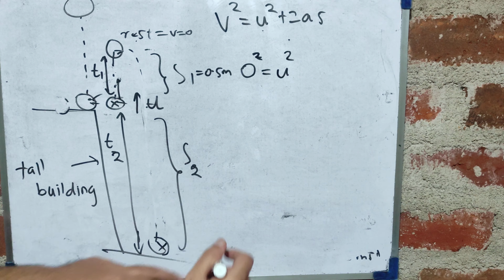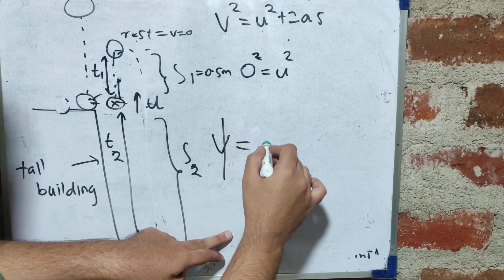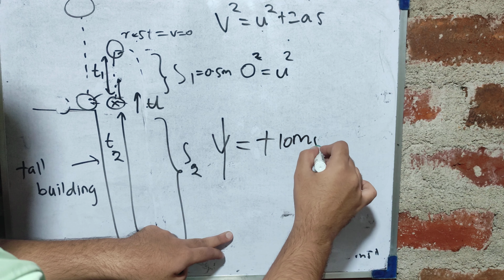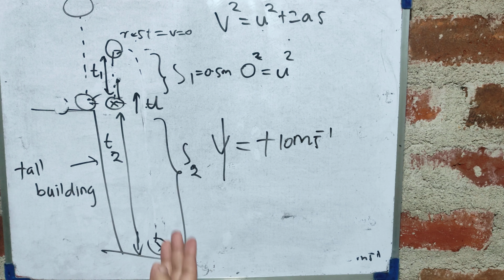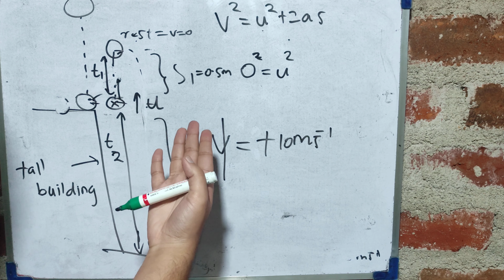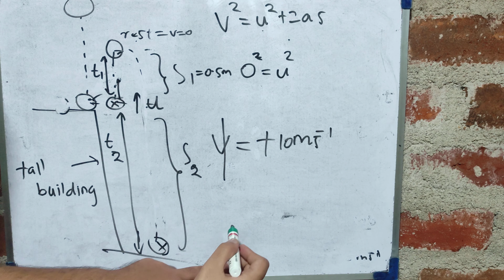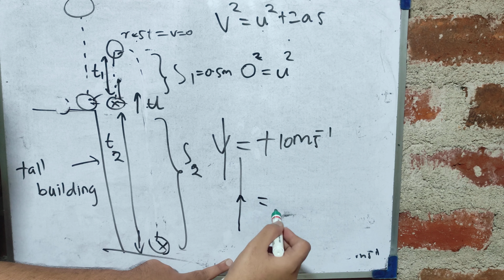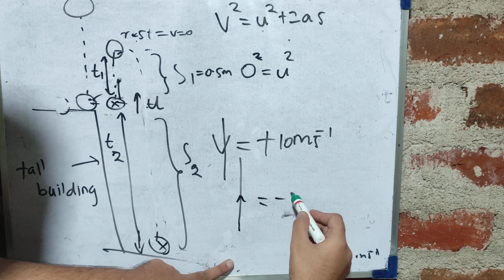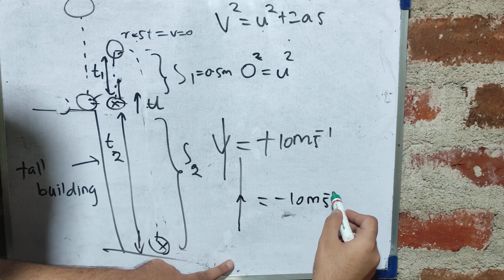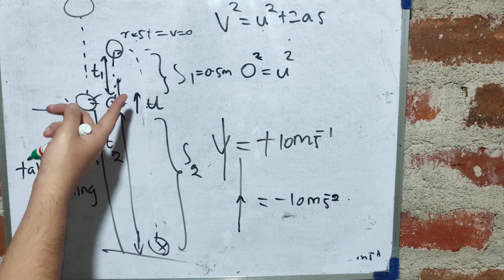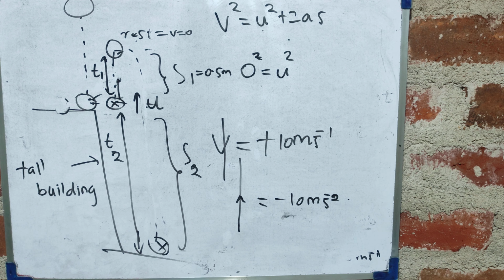The gravitational acceleration is acting in the downward direction, that is plus 10 meters per second squared. Here I am applying the equation in the upward direction, so acceleration is minus 10 meters per second squared. When going upward, its velocity is decreasing.